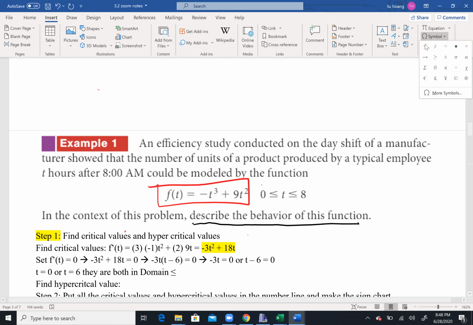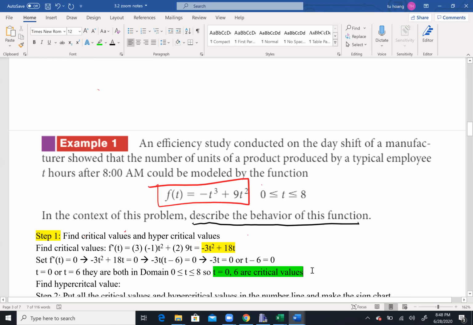You should know that the domain has to be t in between 0 and 8. So t equal to 0 and t equal to 6 are critical values. Okay, and I have to mark it.